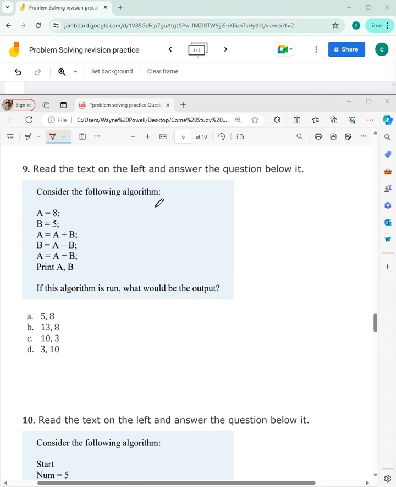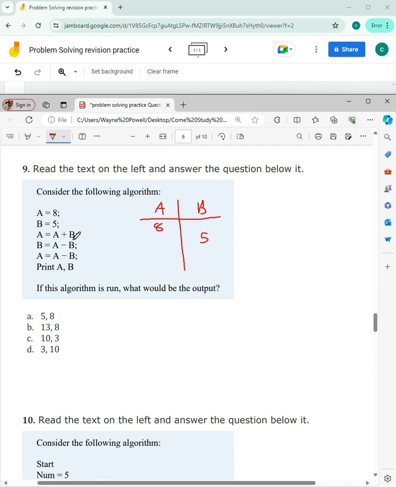We could do a trace table and quickly answer this. So we have A, and we have B, right? We said the first line, A is 8, B is 5.